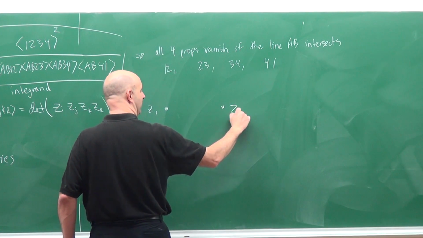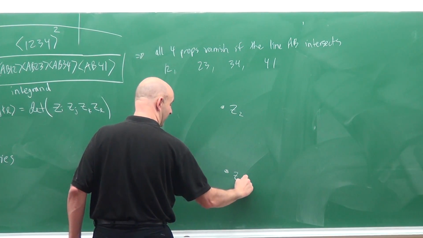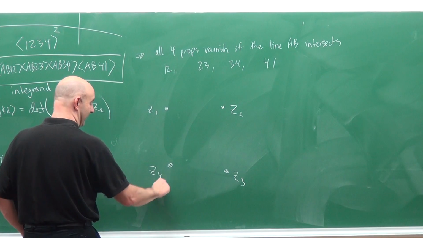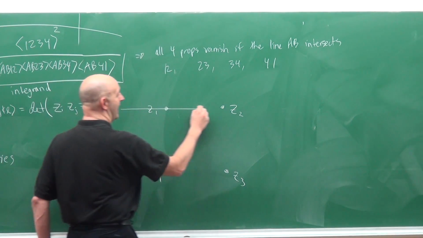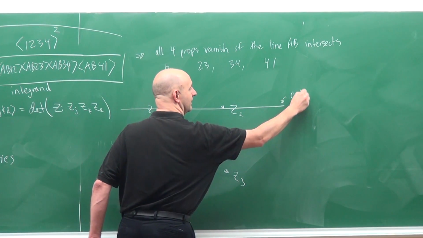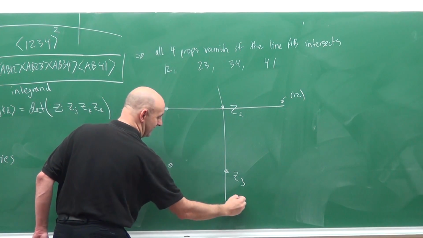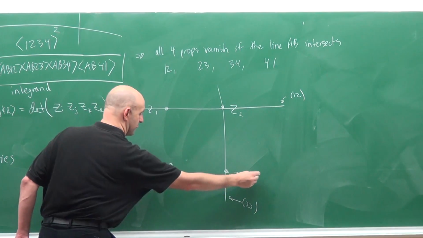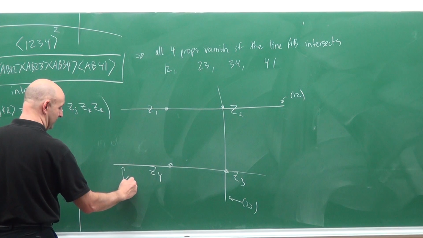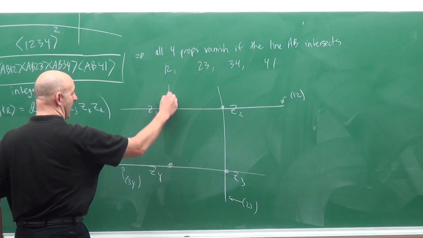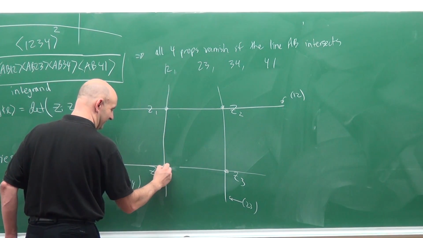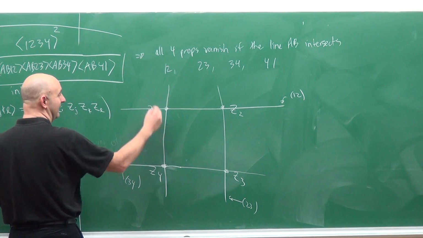So in P3, here's our external data. This is the line 1, 2. This is the line 2, 3. This is the line 3, 4. And this is the line 4, 1.